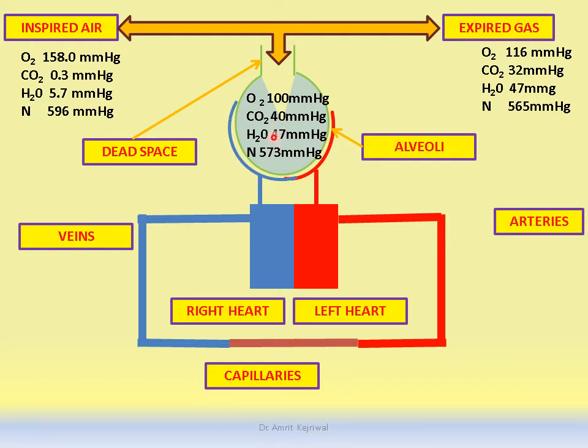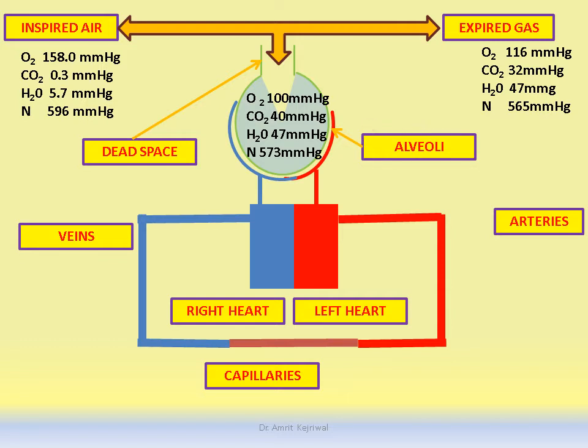This water accounts for the insensible water loss through respiration, and this oxygen again increases. So this oxygen mixes with the dead space area over here. So the oxygen concentration and the expired gas partial pressure increases. Similarly, that of carbon dioxide, since the inspired air is having 0.3 and carbon dioxide in the alveoli is 40, it comes to in the expired air, the partial pressure comes down to 32.